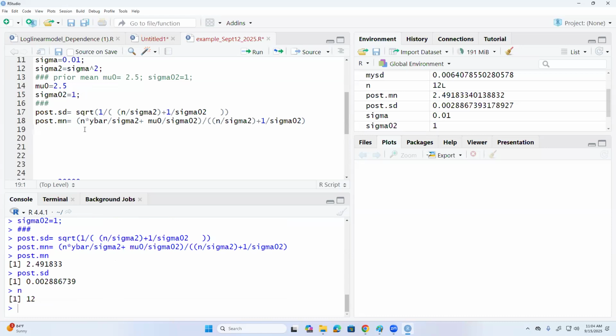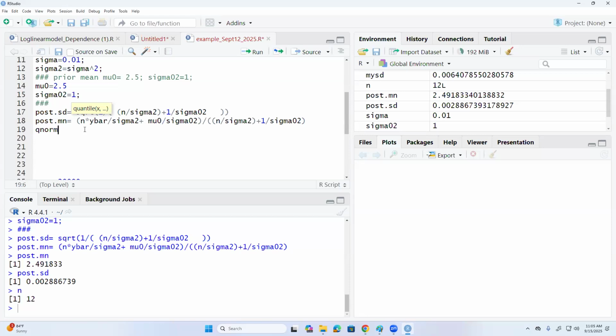credible interval for mu. Credible interval, we can take 2.5 percentile point of the posterior distribution and the 97.5 percentile point of the posterior distribution. Actually we don't need the quantile function because we'll be calculating theoretically.